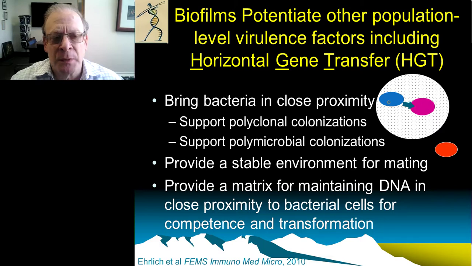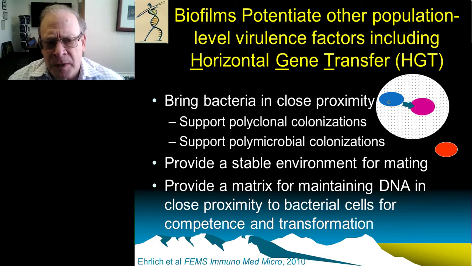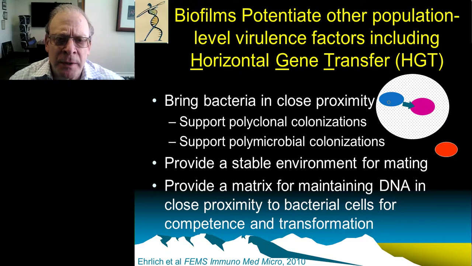One of the reasons that we were interested in biofilms is because biofilms potentiate other population level virulence factors, including horizontal gene transfer. So the biofilm brings bacteria in close proximity to other bacteria.